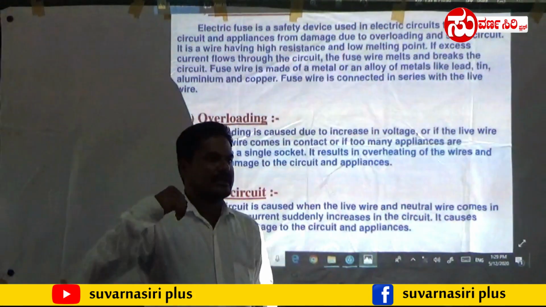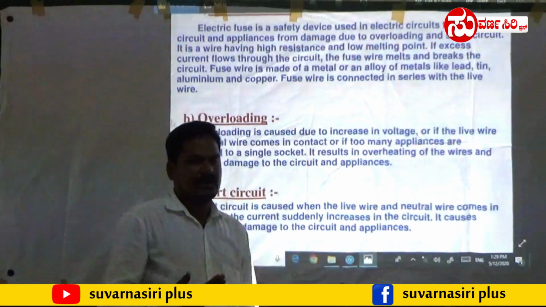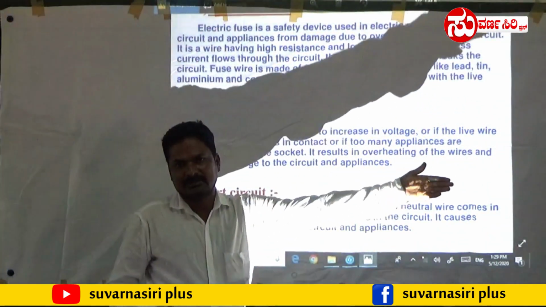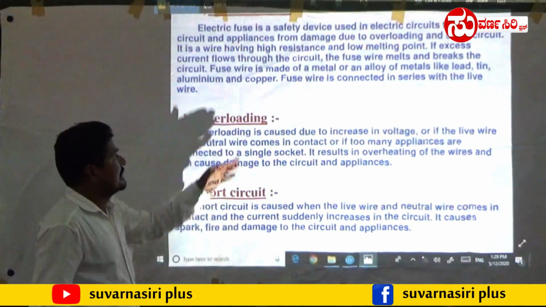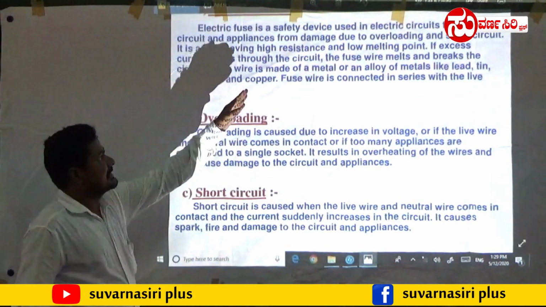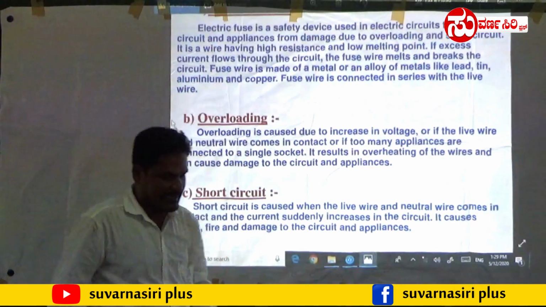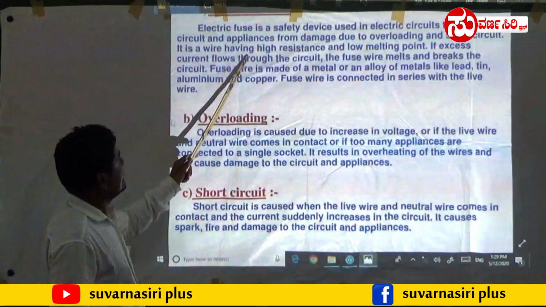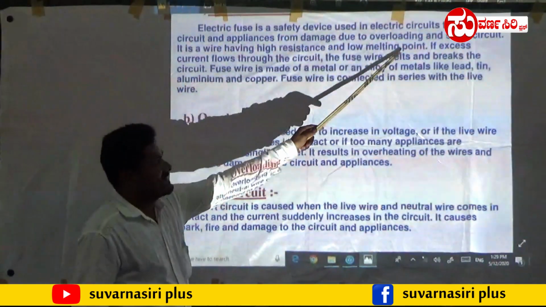So that stops and breaks the circuit. At that time the current will not flow further. So the devices are protected from the damage of overloading and short circuiting. Here it is a wire having high resistance and low melting point.